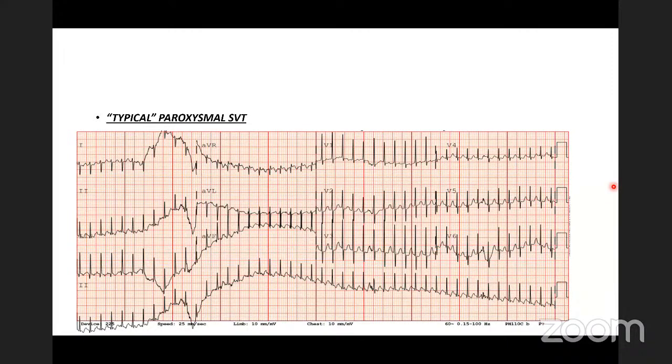So if the patient is going with a heart rate of 130 and suddenly starts going to 220 or 210, that's not normal. The normal behavior of sinus tachycardia or other automatic tachycardias is that they gradually warm up, gradually go up and then gradually slow down. It's not an abrupt onset or offset. So if someone has this kind of regular narrow complex tachycardia with abrupt onset, you always think of paroxysmal SVT.